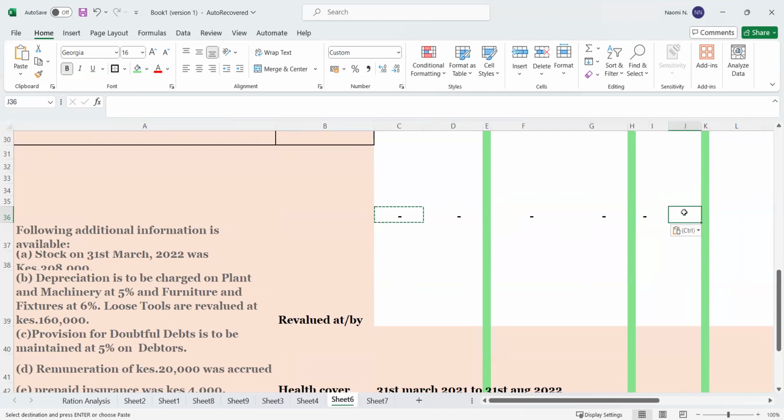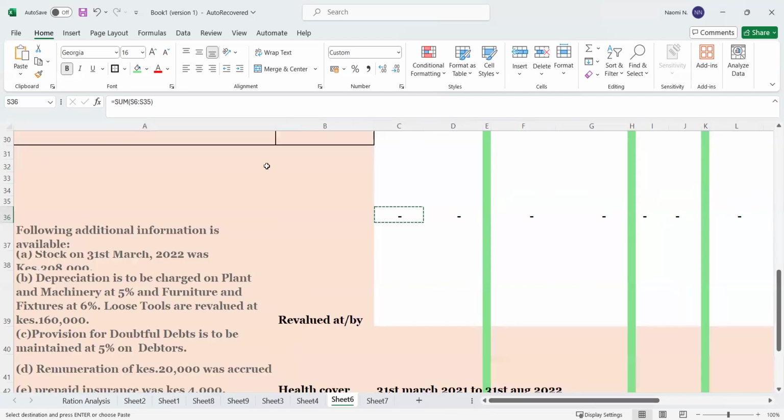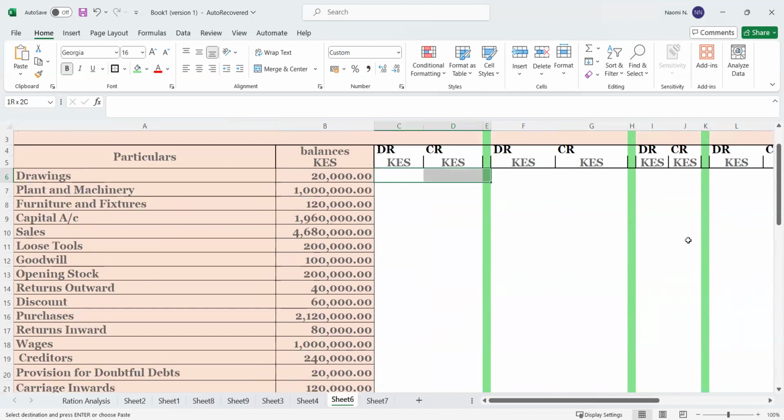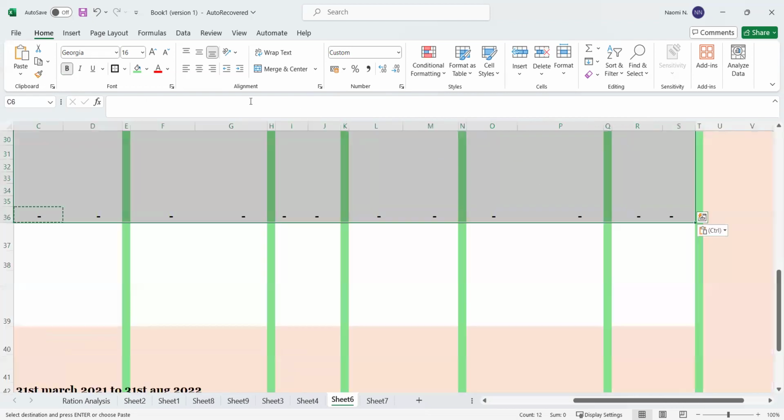Yeah, so we can be able to start, and let's now have something here.